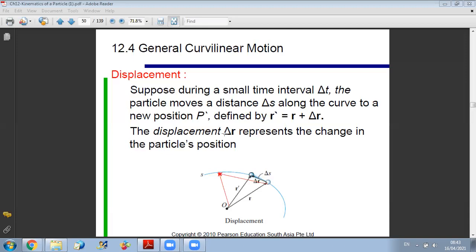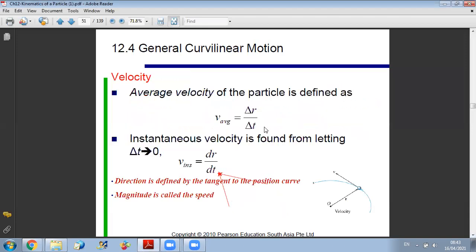So the displacement delta r represents the change in particle position when going from position 1 to position 2. And as we did previously, we can define an average velocity as delta r over delta t, and an instantaneous velocity as v equals dr by dt.